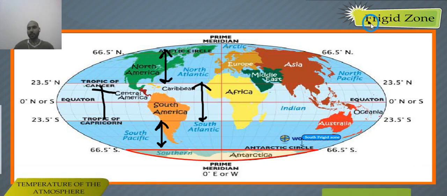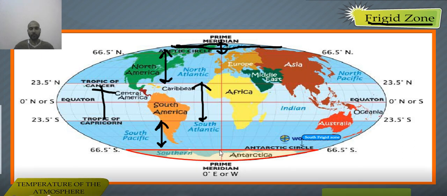Last but not the least is frigid zone, the colder region of the world, generally the pole region, North Pole and South Pole region. Area starting from the North Pole to the Arctic Circle. This area receives very few sun rays, and that is the reason you will find many continents in this area will have 24/7, 365 days ice covered.